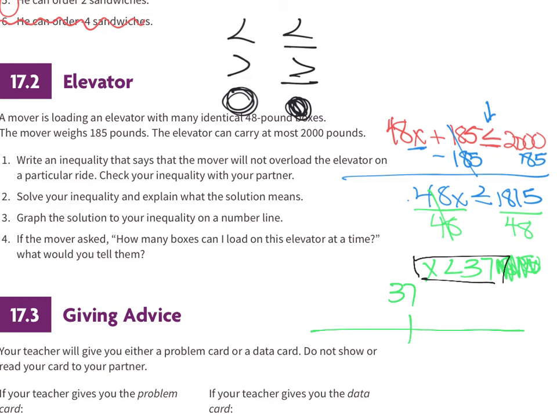Here's my inequality. X is less than, so we're going to put an open circle at 37. And we're going to go to the left. So it can be smaller than. If you notice the sign here, a less than sign points to the left. If I draw an arrow and point it to the left, that makes it work. All right.